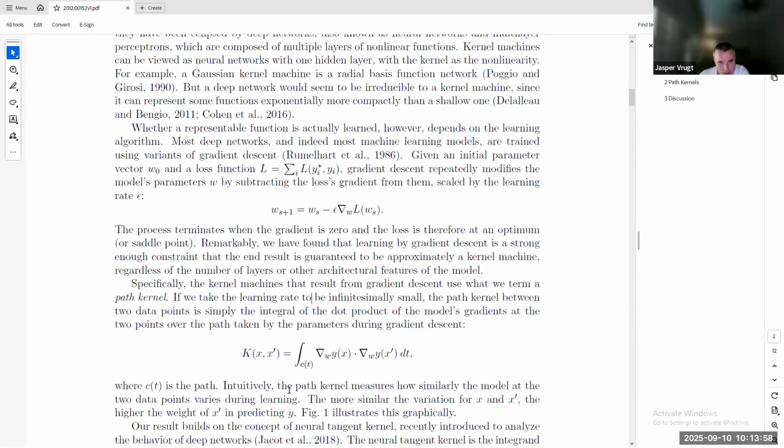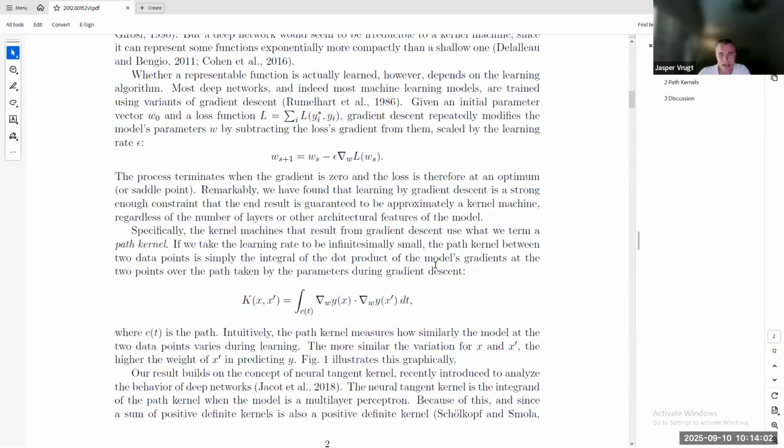Now, then there's a definition here that relates the gradients at S and S minus 1, or S and S plus 1, to that kernel. So essentially, the author says that if you integrate all those gradients step by step, you arrive at that kernel.